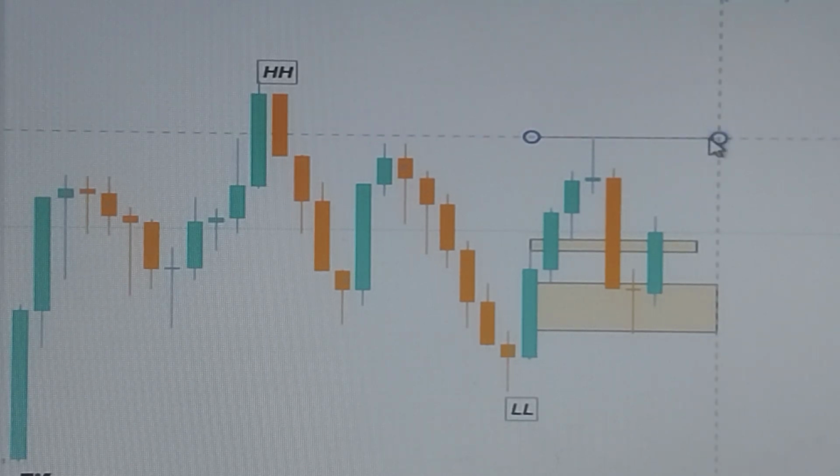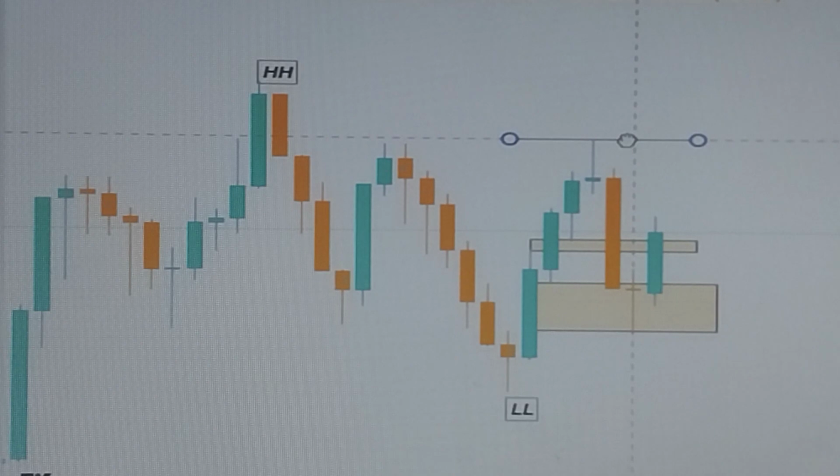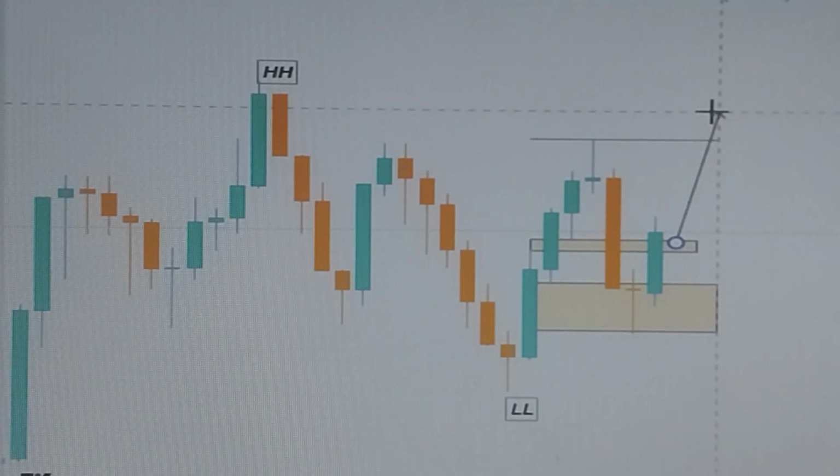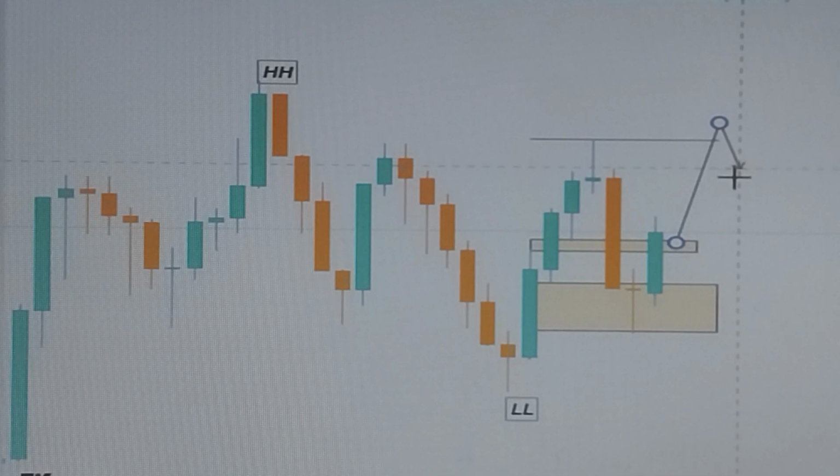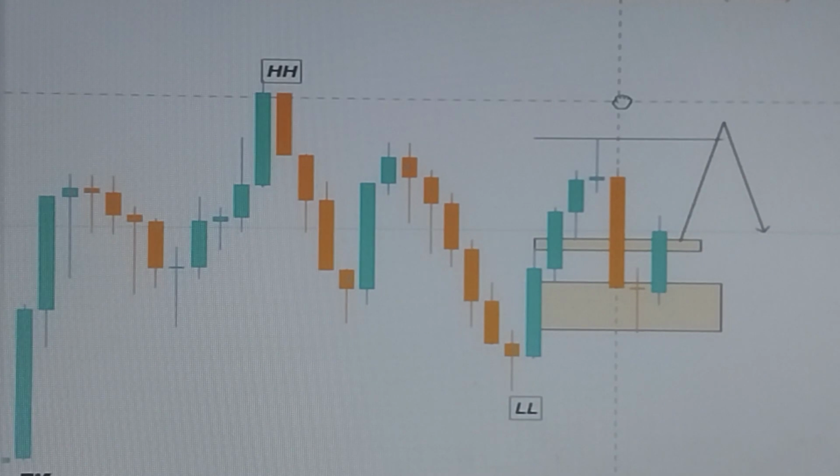When we have identified this high, we will know that the market will have to come and take out that high, and we will expect some kind of retracement on this area. All right, and retest there, and then the market will retrace from this zone before we can continue with our price to buy.